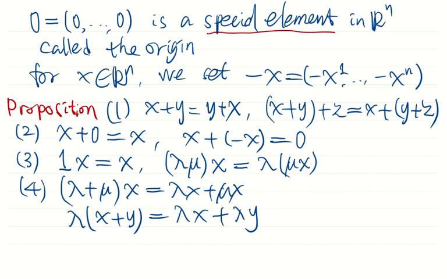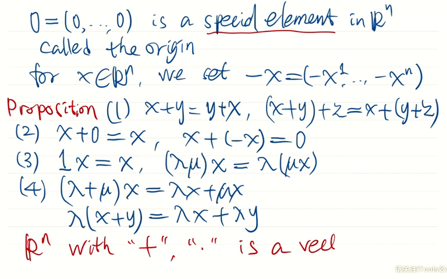Okay, these are all the statements in this proposition. From this result, we conclude that Rn, with the addition and the scalar multiplication, is a vector space. So Rn is a vector space under the operations just discussed. So all these are algebra.